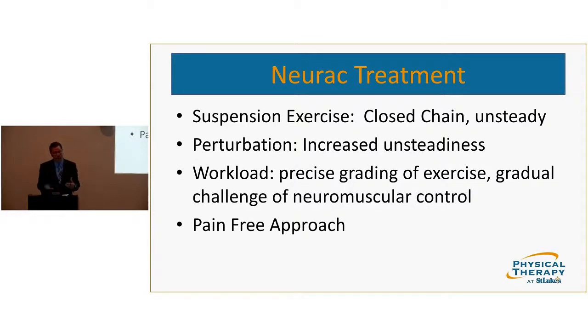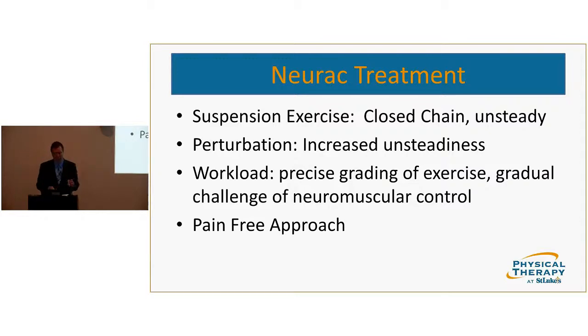The four main elements of Redcord and Neurac treatment: one, it's suspension exercise. It's closed chain, which makes it unsteady. We perturbate or shake the ropes, which increases the unsteadiness. We have a precise workload. We can grade this exercise specifically for the patient.